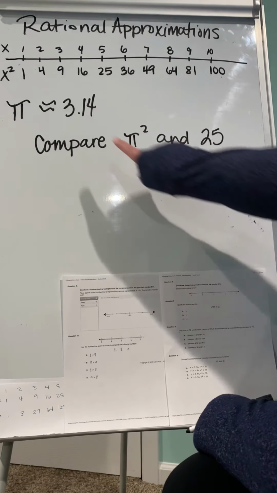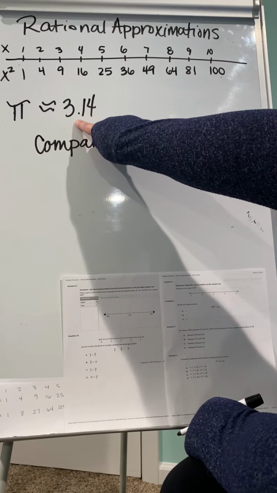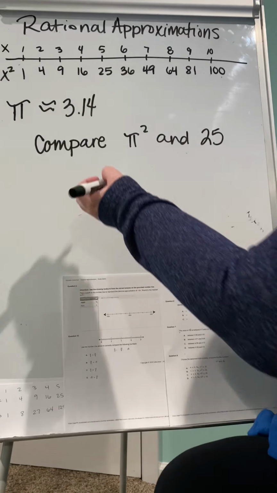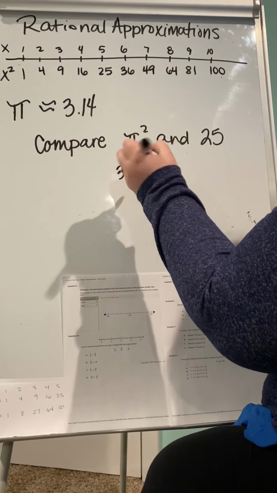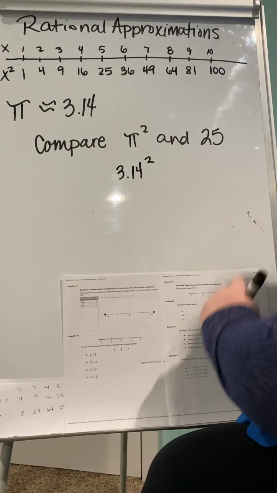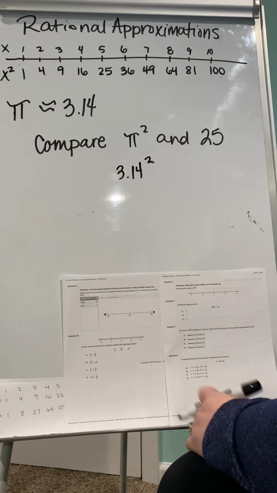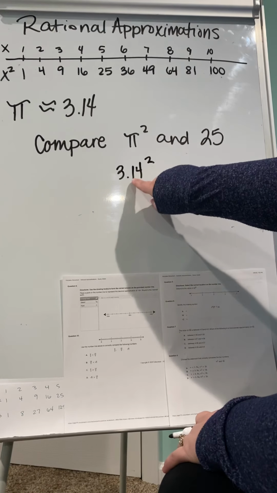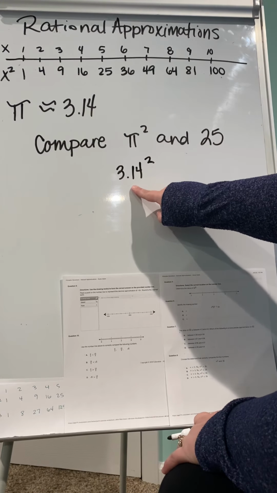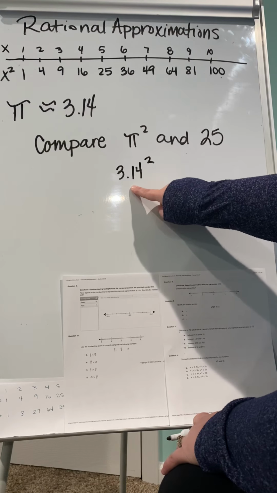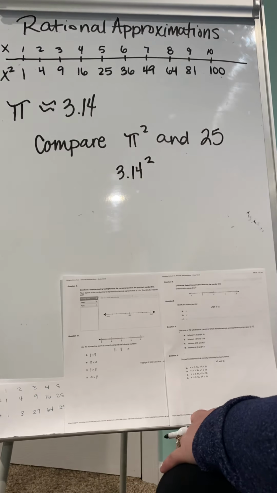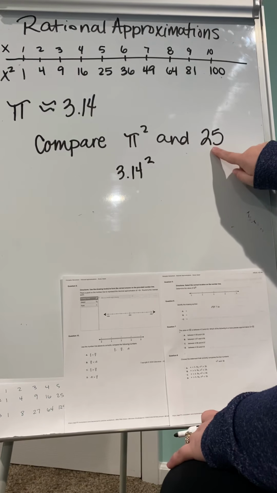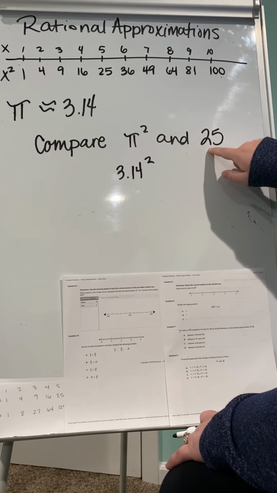Well, we know pi is 3.14. Okay, so I know that pi is 3.14, approximately, and we're squaring it. So one option would be I could take this number and multiply it by itself and find out what that value is. Another option would be to find out what the square root of this number is.